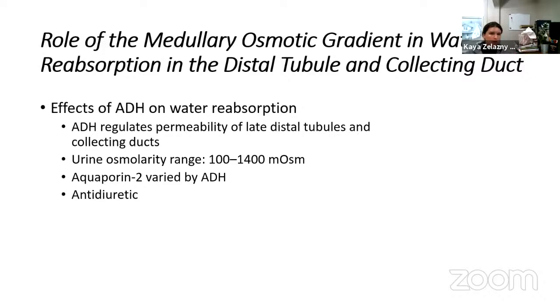It's not one or the other. We can increase the number of aquaporin IIs, or we can decrease the number. So in real people, it's not like you would be completely impermeable or super permeable. You have varying levels. These are really the ends of the range, 100 and 1400.